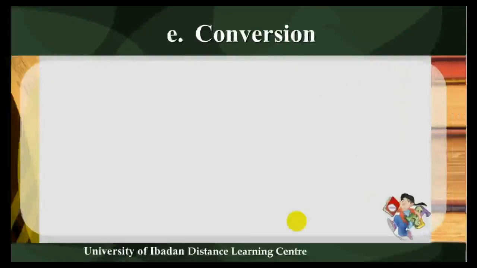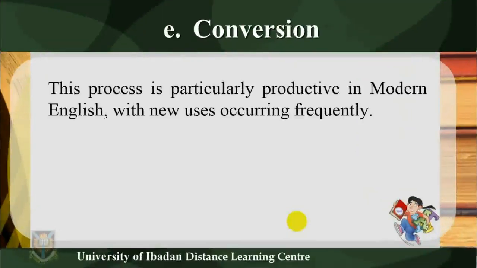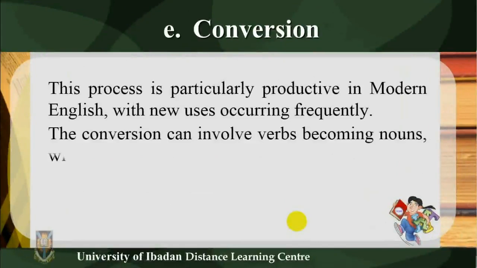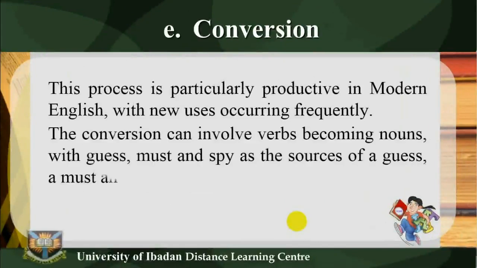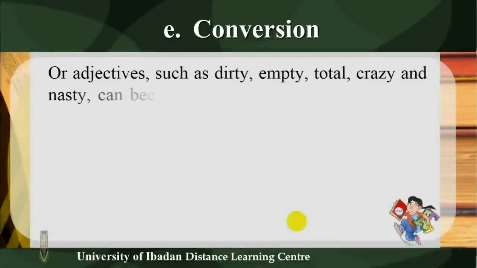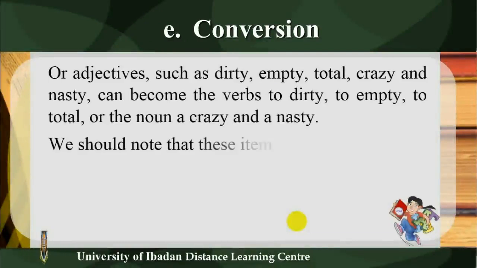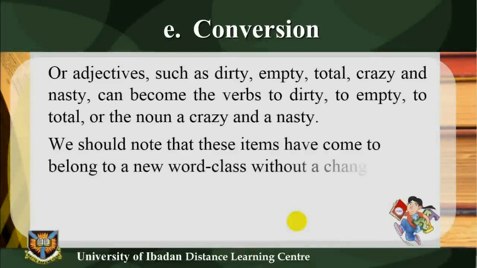This process is particularly productive in modern English, with new uses occurring frequently. The conversion can involve verbs becoming nouns, with guess, must, and spy as the sources of a guess, a must, and a spy, or adjectives such as dirty, empty, total, crazy, and nasty can become the verbs to dirty, to empty, to total, or the nouns a crazy and a nasty.